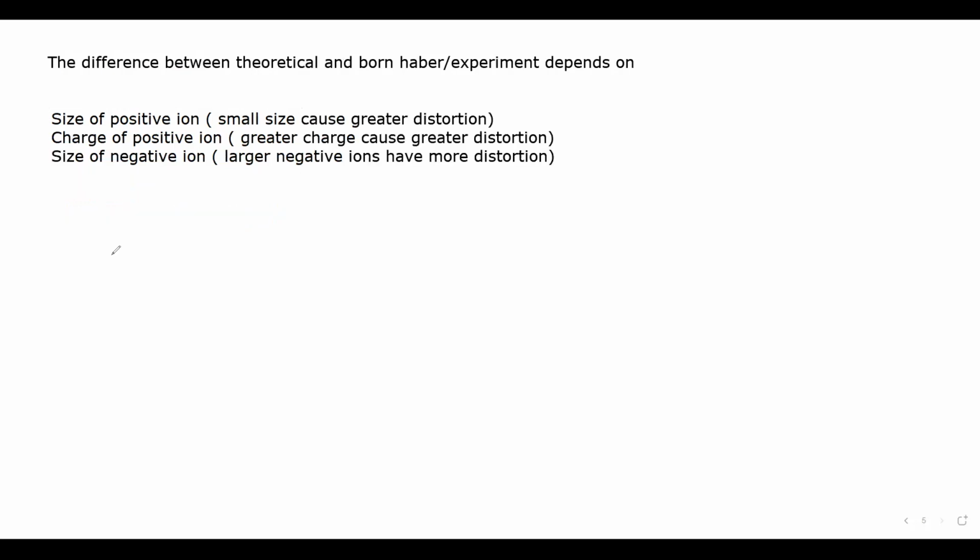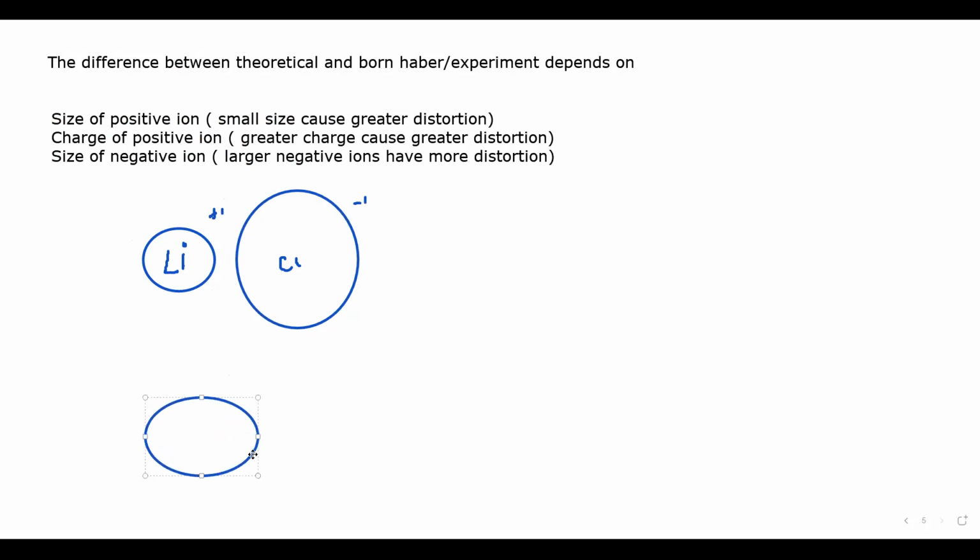It depends on the size of the positive ion. Size of the positive ion should be smaller. Like if I say I have lithium chloride and I have sodium chloride. The chloride ion is the same.